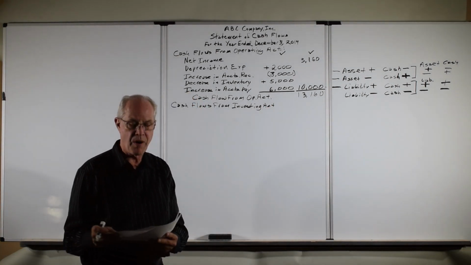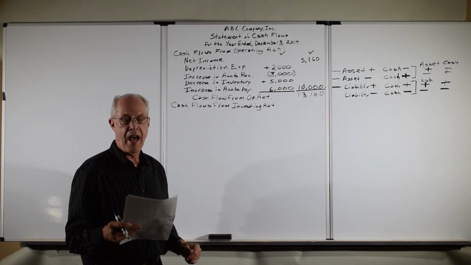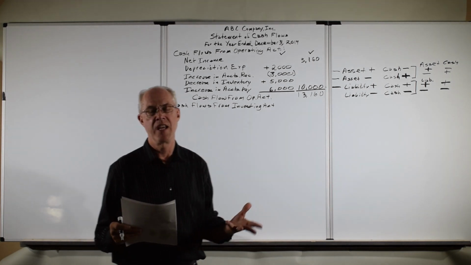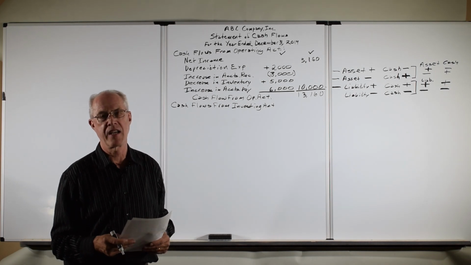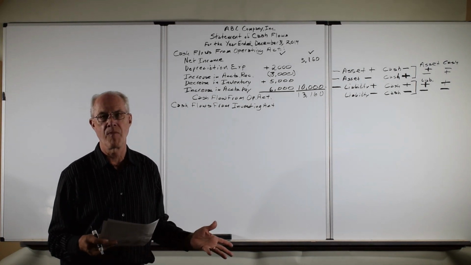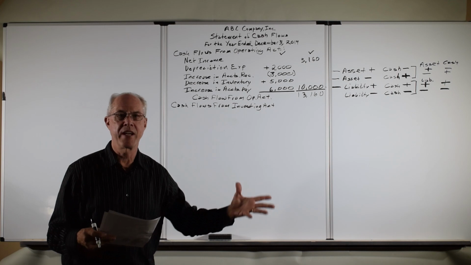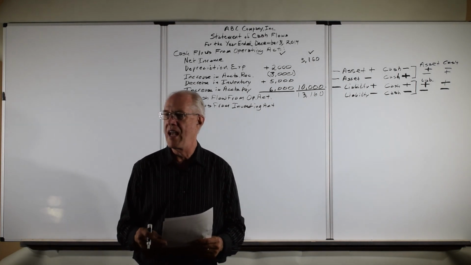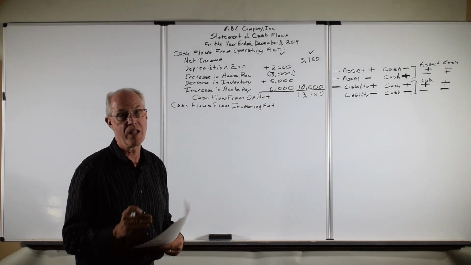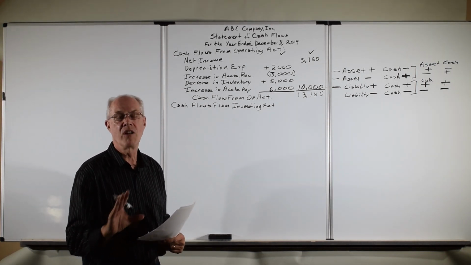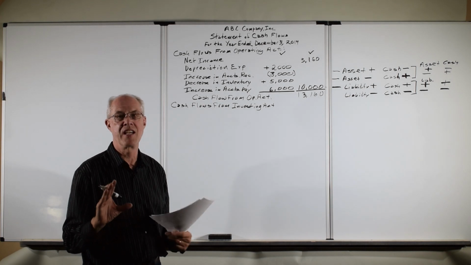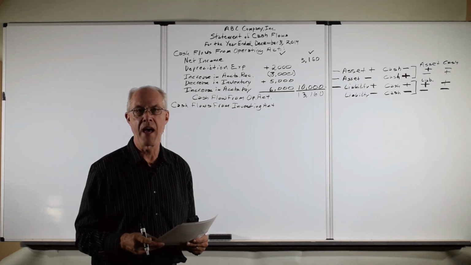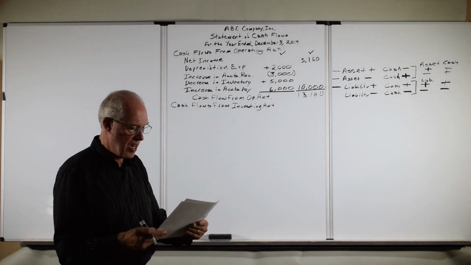This problem is so simple that all the transactions that involve the investing activities and financing activities have been provided in the example. We don't have to go back and do account analyses and things of this nature to get the amounts. In real life, a lot of times you do get the information like this, but occasionally you'll have to look into the accounts and back into some of the missing numbers. In this case, we don't have to worry about it. So we look at the other information.